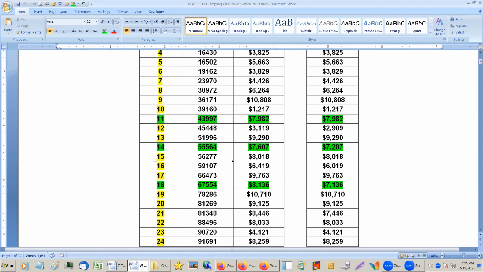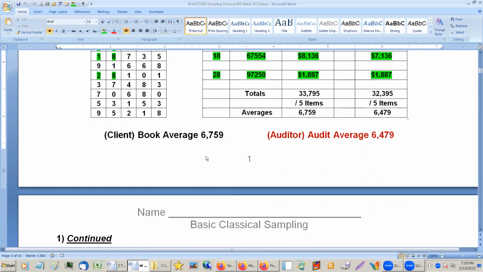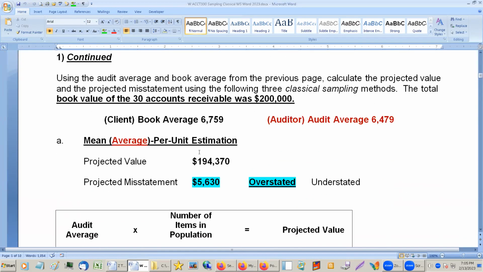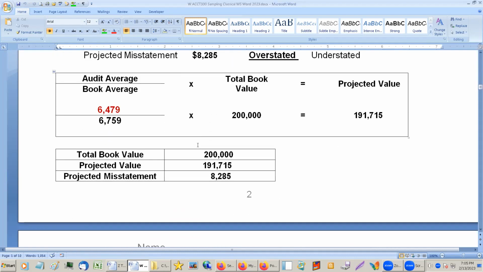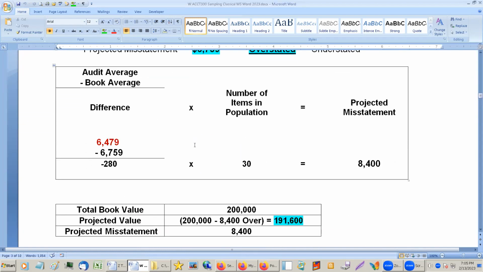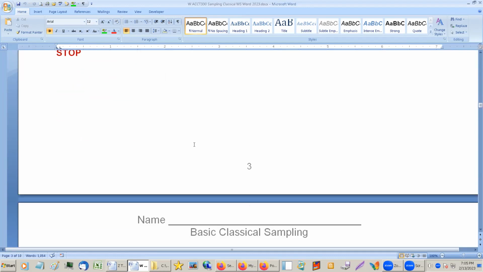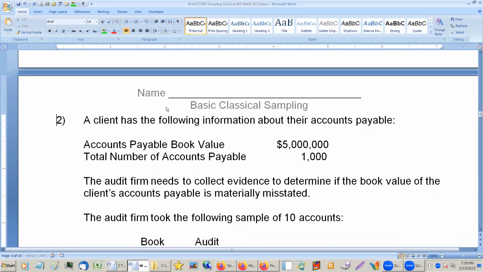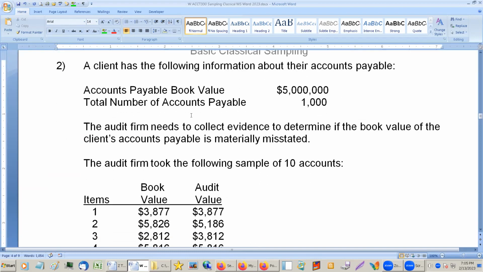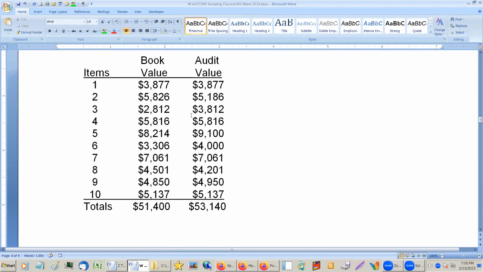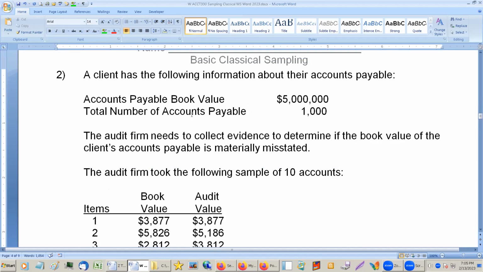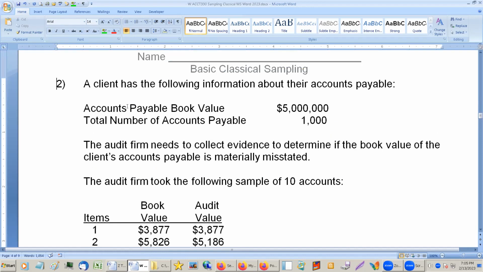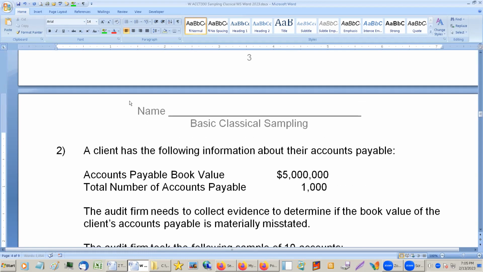Take out the classical sampling handout. I think we're up to page 2, or problem 2, I should say.